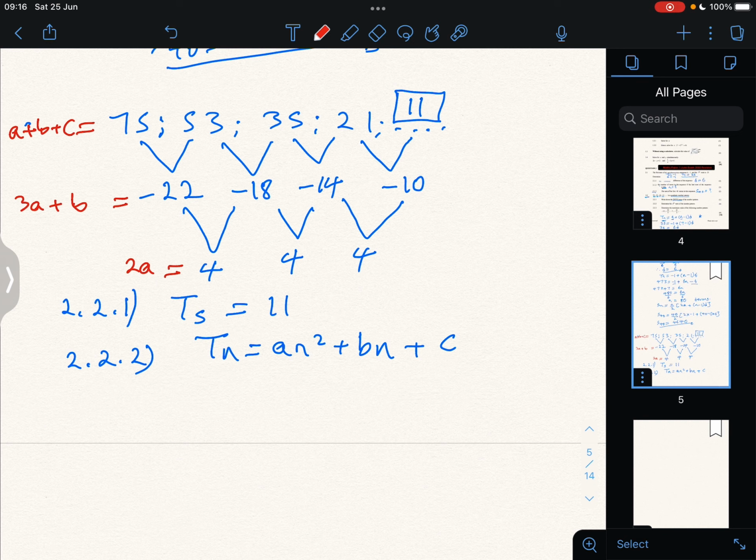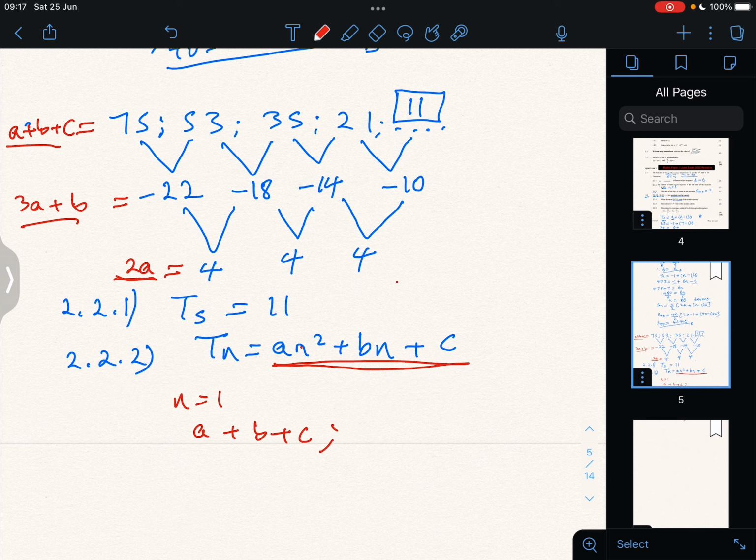Right, so this a plus b plus c, 3a plus b, and 2a are determined from forming a number pattern using this general formula here. For n equals 1, you get a plus b plus c. If you substitute 1 for n here, 1 squared is 1, b times 1 is b, so that's the first term.